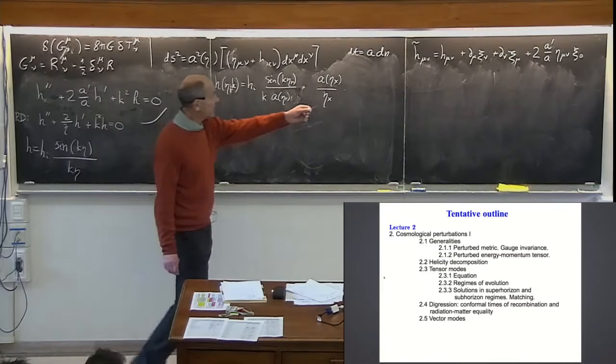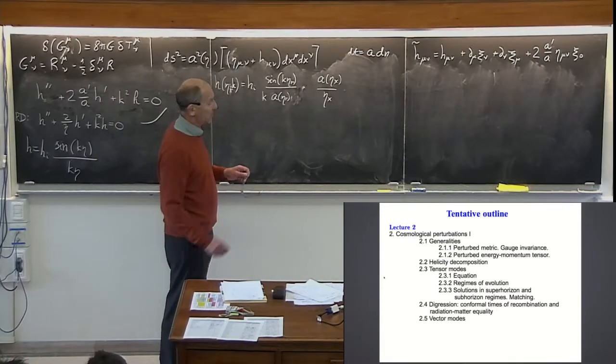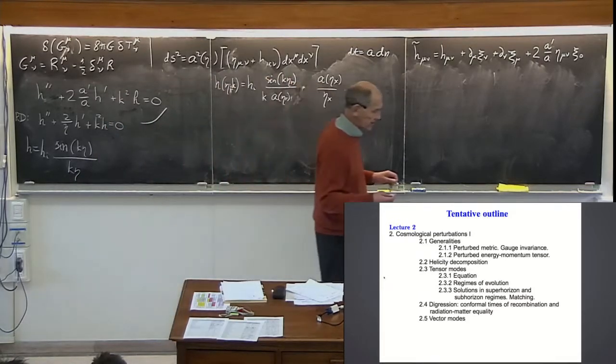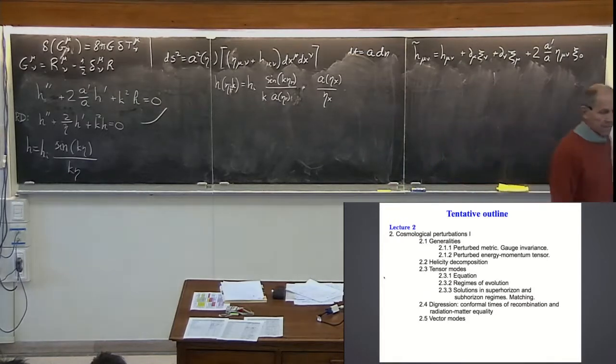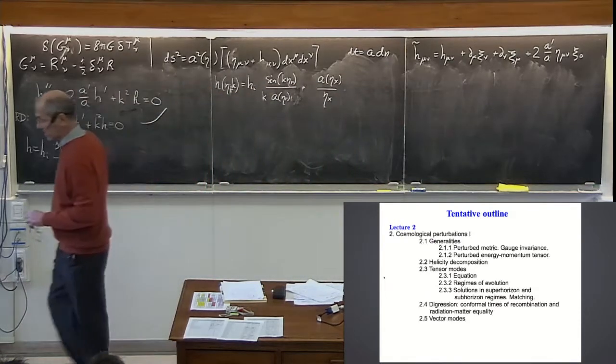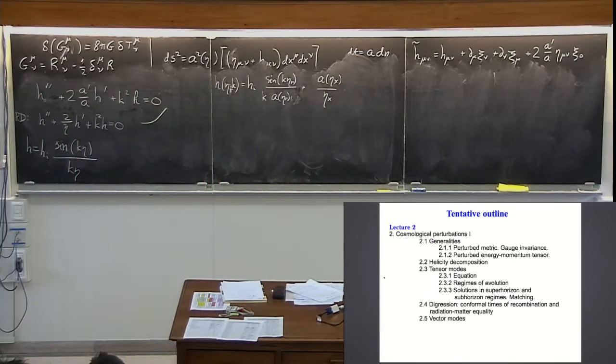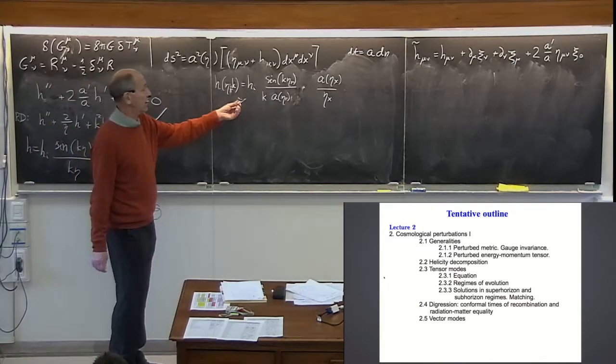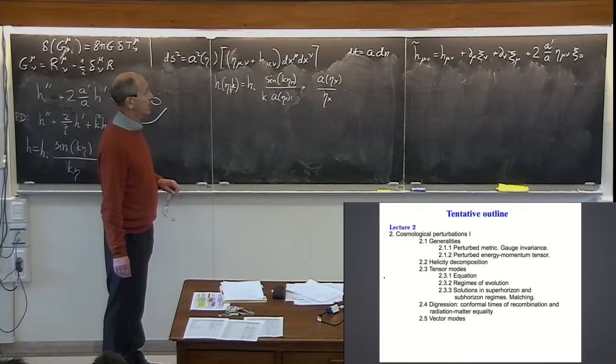And as we discussed, it's a constant, non-oscillating, time independent at low momenta. If your waves did not cross the horizon before recombination, then they are just these constants Hi, the initial values.